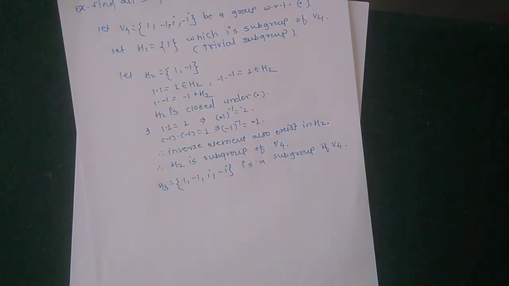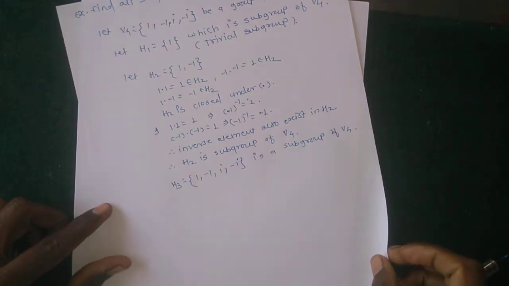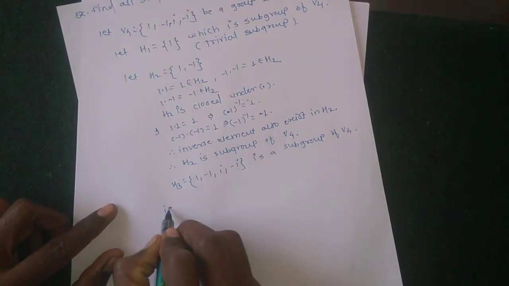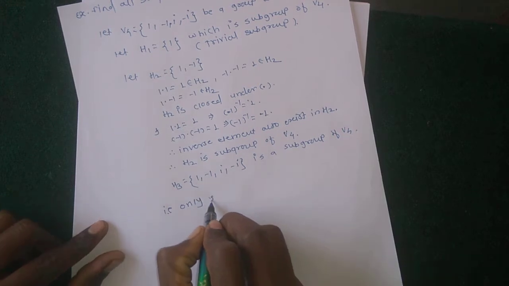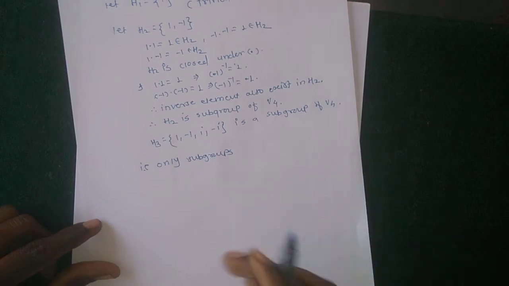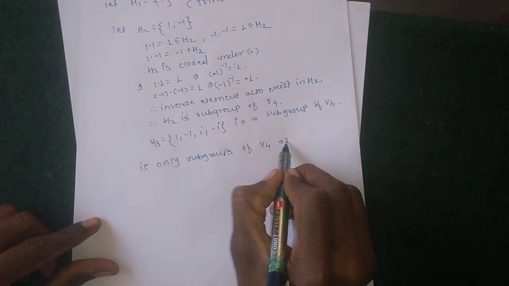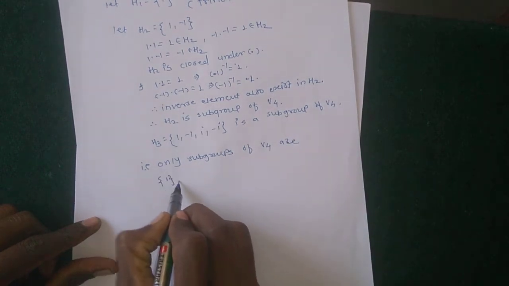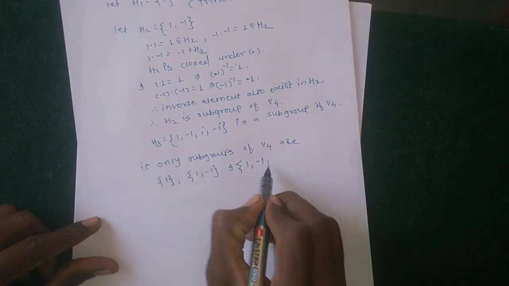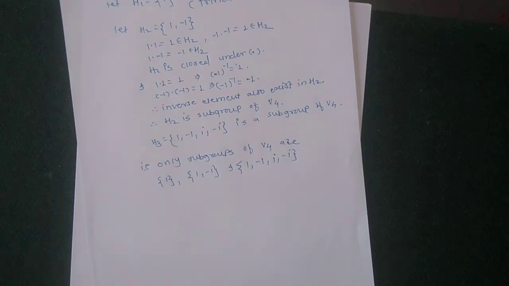So the only subgroups of V4 are the singleton identity, 1 and minus 1, and 1, minus 1, I, minus I itself.